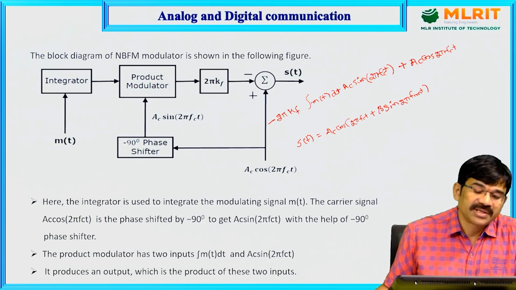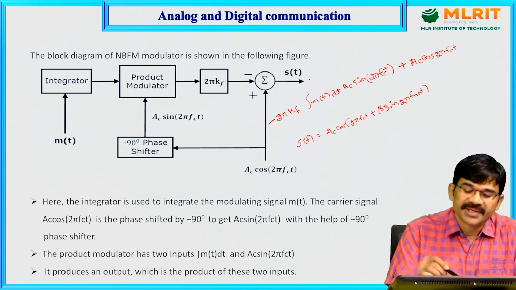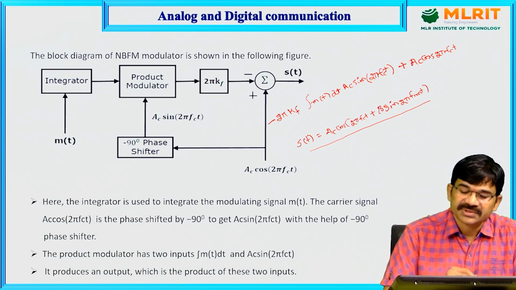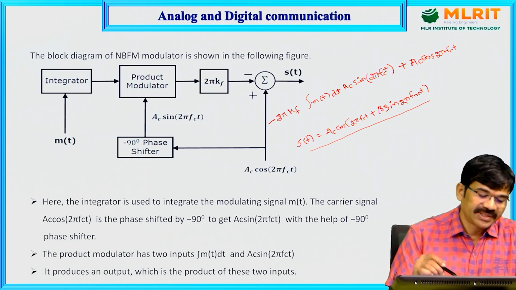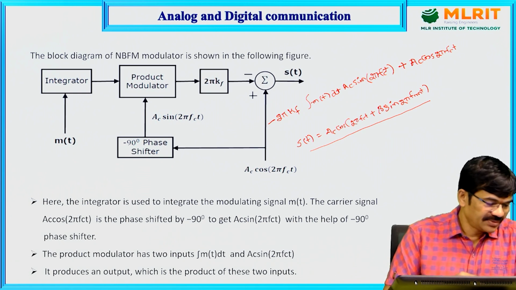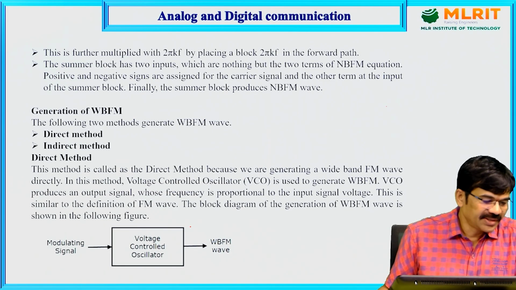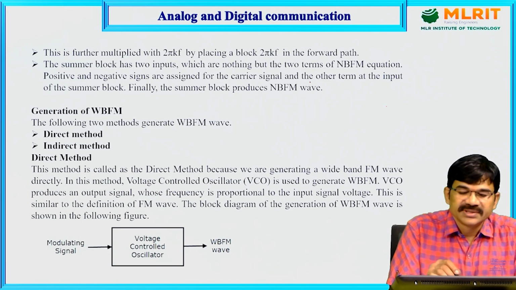The narrowband FM wave is similar to the AM equation, only the lower side band is reversed. Here the carrier is phase shifted by 90 degrees. So this is the way we generate the narrowband FM.